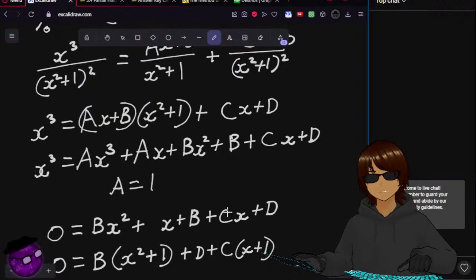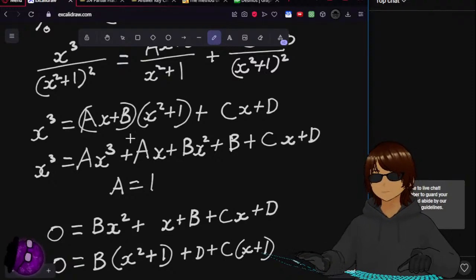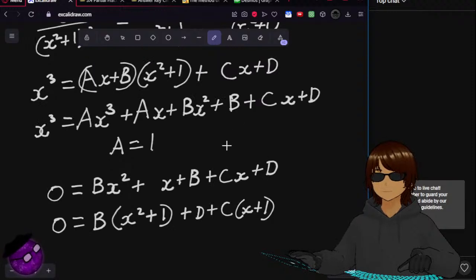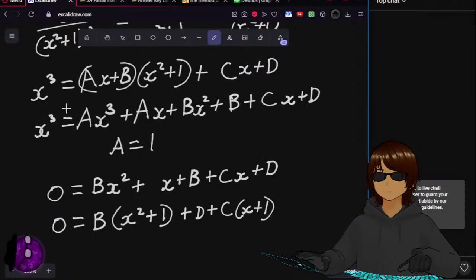I don't understand. Can this even be solved? Ax cubed plus ax plus bx squared plus b. A is equal to 1. Then the x cubed will match.